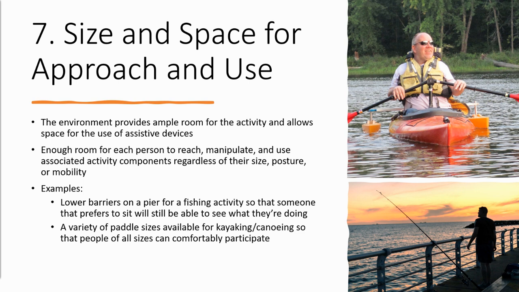It also ensures there's enough room for each participant to use all the activity components regardless of that person's size, posture, or mobility. So an example, for a fishing activity, having lower barriers on the pier so that if someone wants to sit, they're still able to manipulate the fishing pole and see what they're doing. And as we talked about the paddle before, having a variety of paddle sizes for the different sizes of people, so that they're able to manipulate it in the kayak and can comfortably participate.